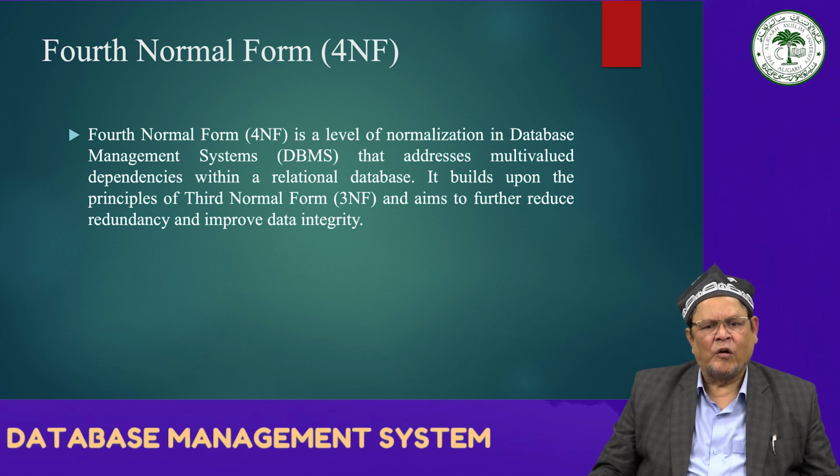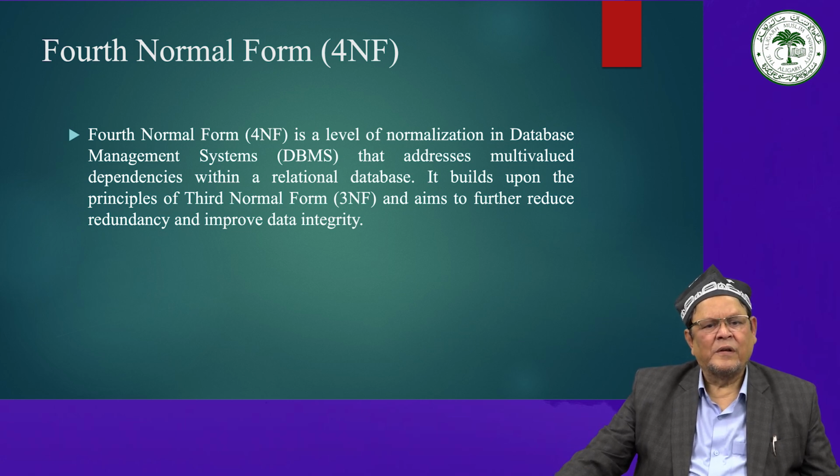In fourth normal form, a table must meet the following criteria: be in 3NF. Before a table can achieve 4NF, it must satisfy the requirement of third normal form, including being in first and second normal form and having removed transitive dependencies.